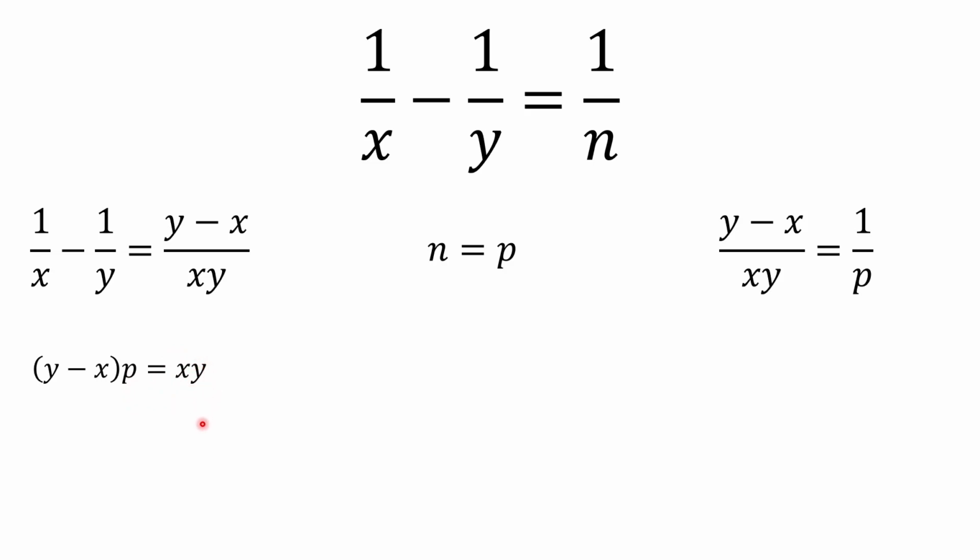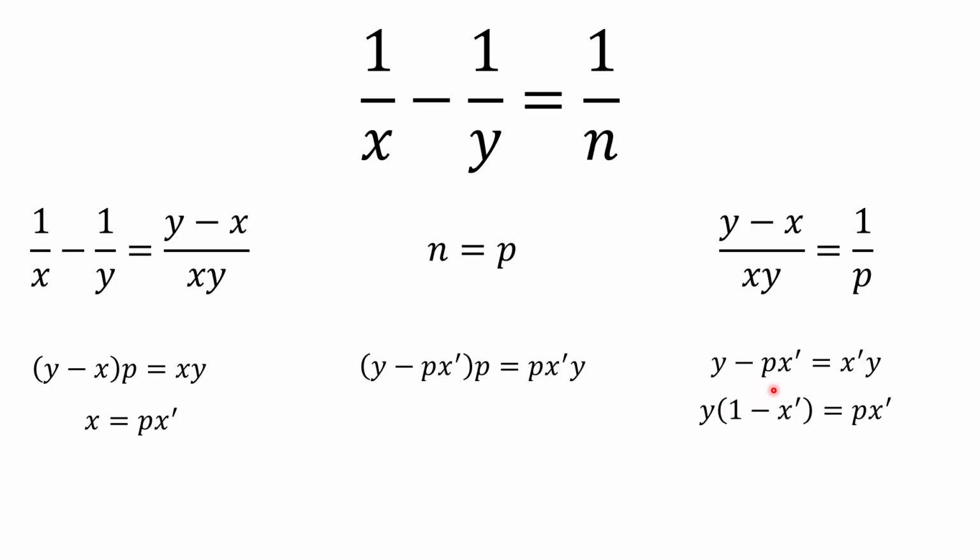Now let us assume that p is a divisor of x. So we can write x is equal to p times x prime. And we replace it into this equation. So y minus p x prime times p is equal to p x prime times y. P with p disappears. We get to this equation and we can now rearrange it.